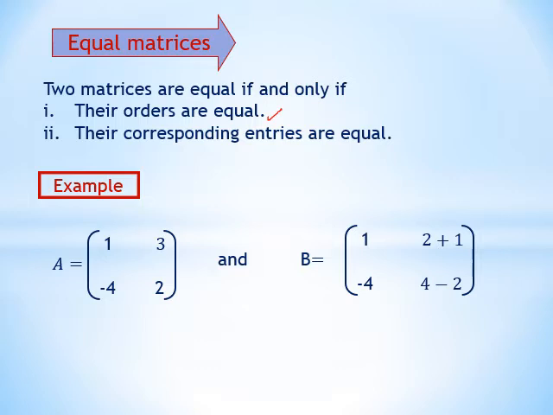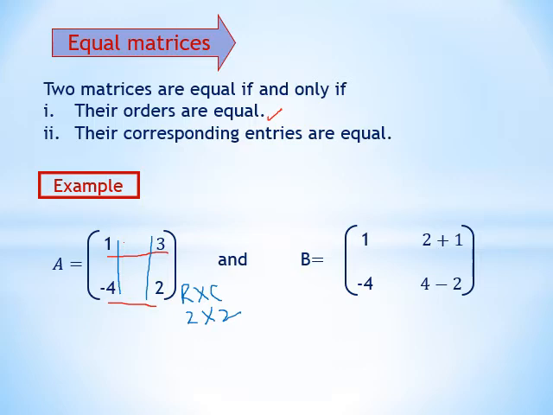Observe matrix A. It has two rows and two columns, first column and second column. And we know that order of A is row by column, and it has two rows and two columns. So order of A is 2 by 2.